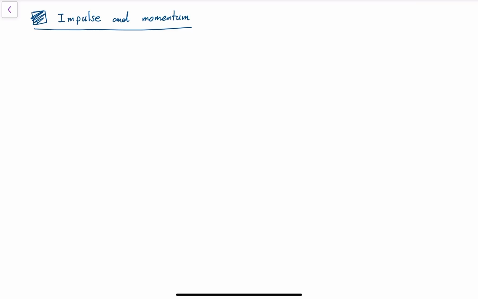So to begin, let me start with Newton's second law that we are already familiar with. Sum of forces equals mass times acceleration. And this is written in the inertial frame.